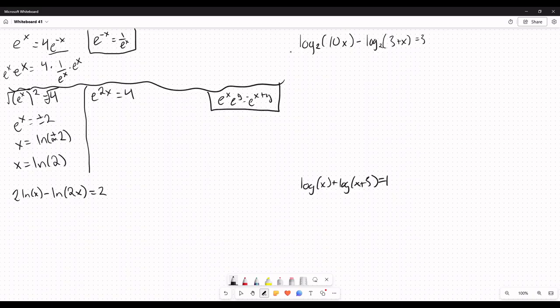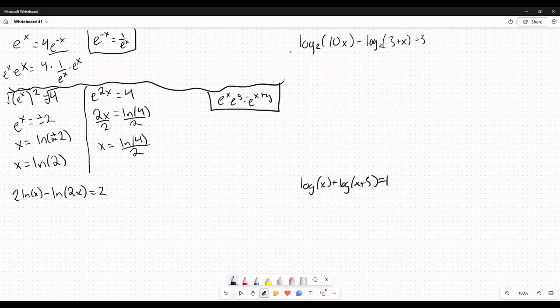Then I can take the log of both sides to cancel out this e here. So I'm left with 2x equals natural log of 4. And then I just divide by 2. And I get x equals natural log of 4 over 2. And this is the same answer.